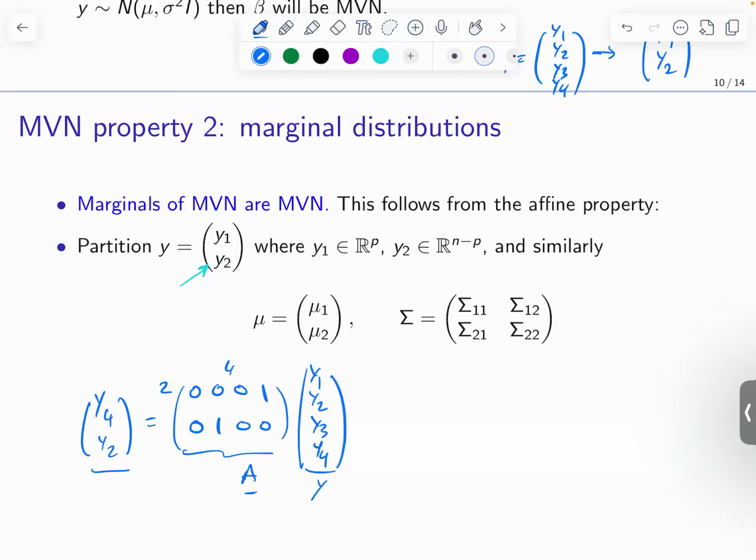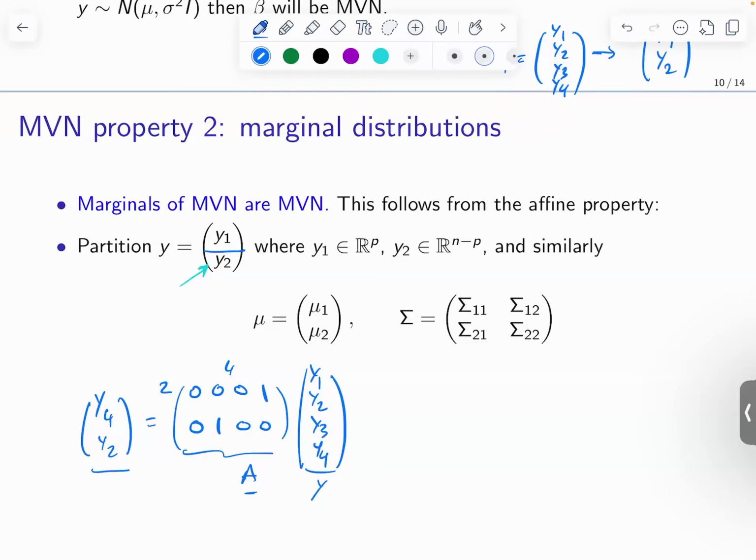Anyways, this is just a very simple property. It doesn't matter what subset you pick or in what order you pick, that would generate a multivariate normal. So you can generate easily many marginals. The way that I do it here is a block partitioning. This is often what you do.